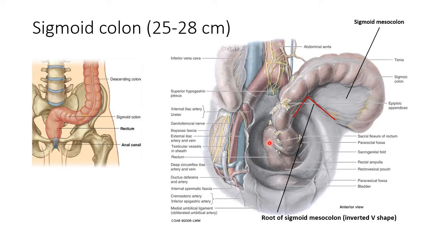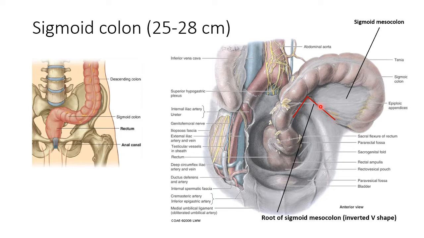That's why the sigmoid colon starts close to the pelvic brim and continues to the S3 vertebra. It's intraperitoneal, and it has a mesentery that we call the sigmoid mesocolon, and the sigmoid mesocolon has a root also. Now, I already mentioned the root of the small intestine in the beginning of the lecture.